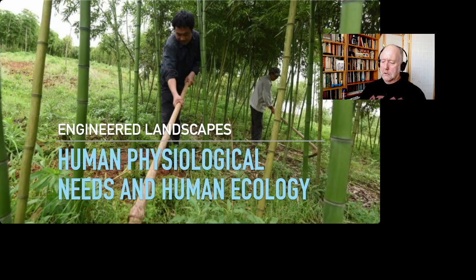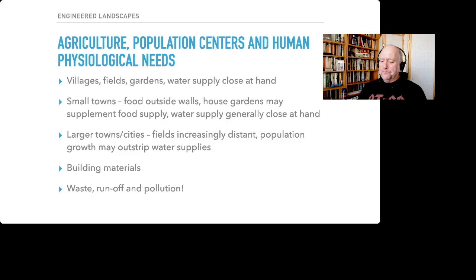I will talk about this a little bit more, but in particular, as populations settled down and grew, we needed water close at hand. We needed space to till for our crops and to graze our animals.